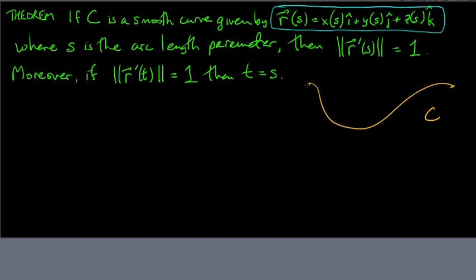It's not like you're starting slow, speeding up, slowing down again, and then speeding up. Your speed does not change. It might change with respect to t, but not with respect to s. So your speed is a constant, and that constant is just going to be 1. That's the idea here.